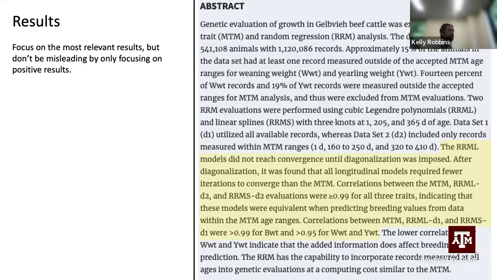All right, results. The results actually in this case I think are pretty good, right? So the random regression models with the Legendre polynomials did not reach convergence until diagonalization. After that, it was found that all longitudinal models required few iterations to converge in the multi-trait model. I go on to provide some correlations between the performance of the multiple trait models and the random regression models.